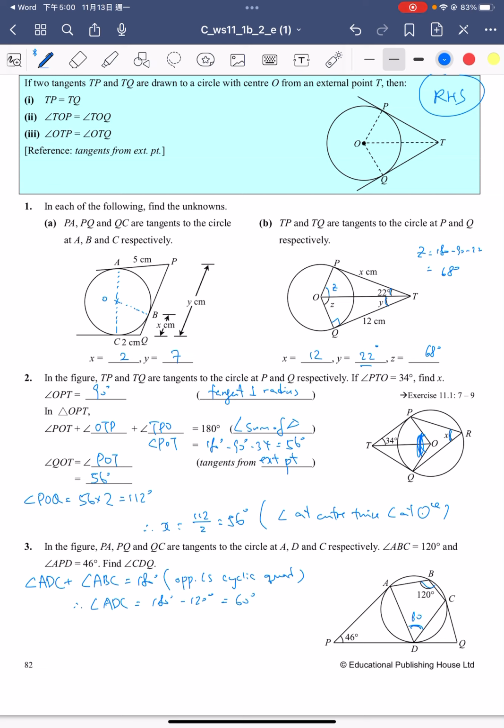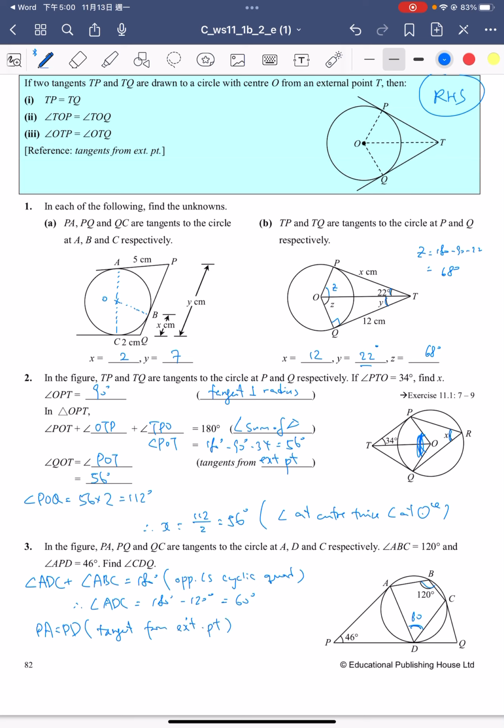So is there anything else we can do? The next thing we can say is PA equal to PD, isn't it? Because this is the external point from the center, and there are 2 tangent lines. So we can say that PA is equal to PD by using the theorem in this worksheet, which is tangent from the external point.